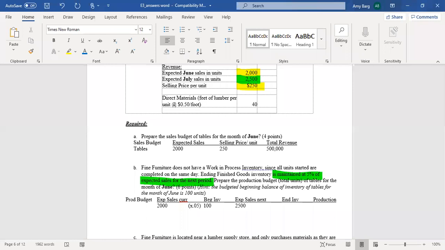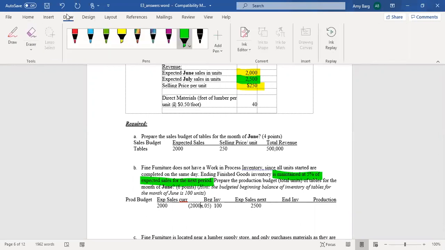I have a quick question. Where did you get the 100 from? So, right. So if we multiply 2,000 times 0.05, we get 100. It says here that the ending finished goods inventory is maintained at 5% of expected sales for the next period.